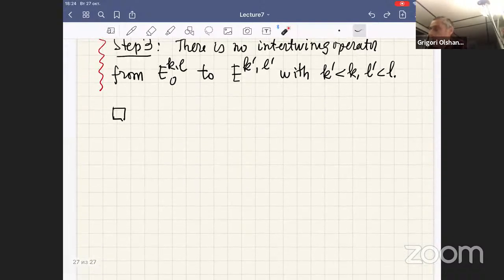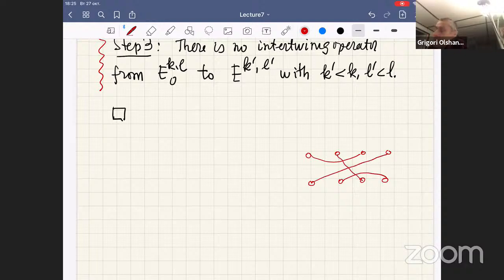I just want to give a picture. So elements of a Brauer semigroup are pictured like this. There is no division into black and white, so we only have some pictures like this. And the composition is defined as before, and so on.